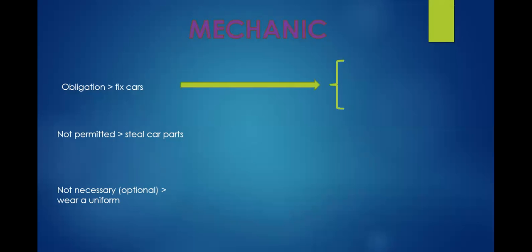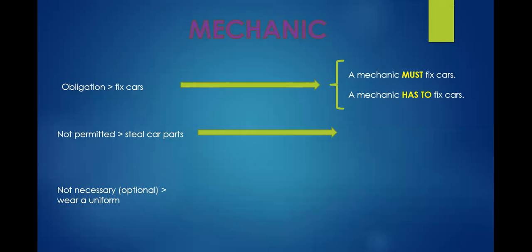If he has an obligation of fixing cars, we say that a mechanic must fix cars, that is the obligation, or a mechanic has to fix cars. When he is not permitted to do something, he has that obligation imposed on him of restraining himself from doing something. We say a mechanic mustn't steal car parts. Okay, that's the use of mustn't.